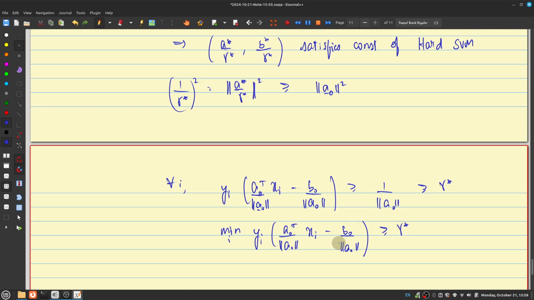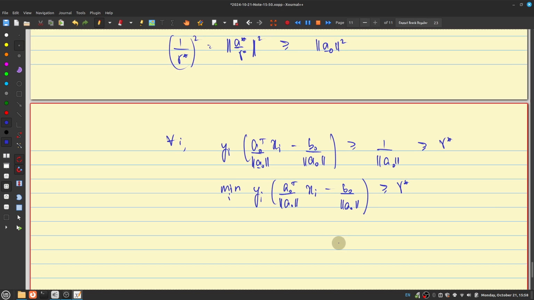Can it be strictly greater than gamma star? Why? What is the definition of gamma star? Gamma star is by definition the max of this particular function among all vectors of unit norm. A0 by norm A0 has unit norm. So therefore this has to be equal. But what is A0?